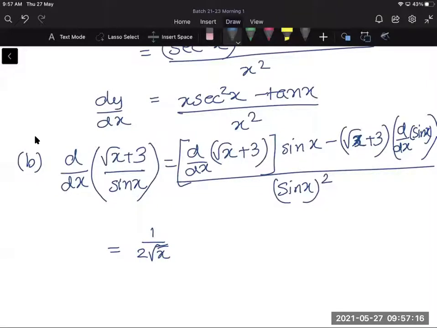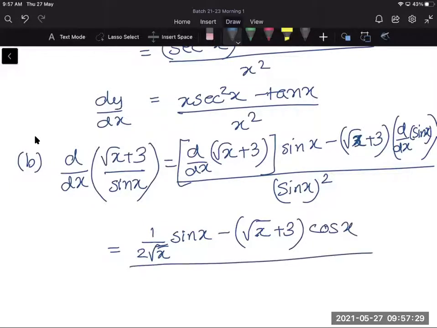Does not have a slope, into sin x minus root x plus 3 into dy dx of sin x, cosine x, whole divided by sin square x. ठीक है हरीश, देखो आंसर में आपका कहाँ पे गड़बड़ हो रहा है. हाँ, do it slowly. There is no, right now when we are learning, there is no rush.